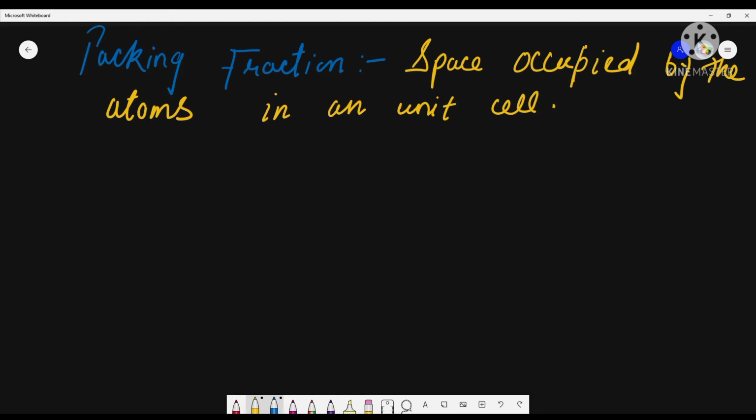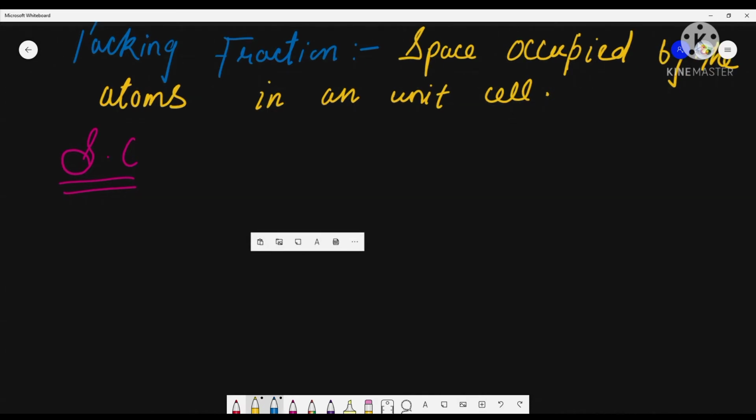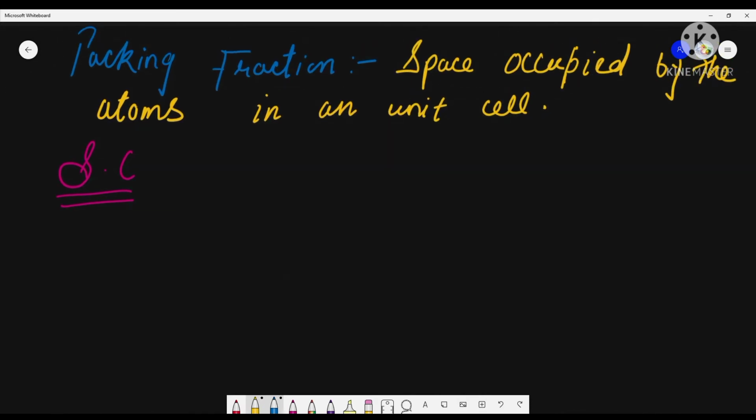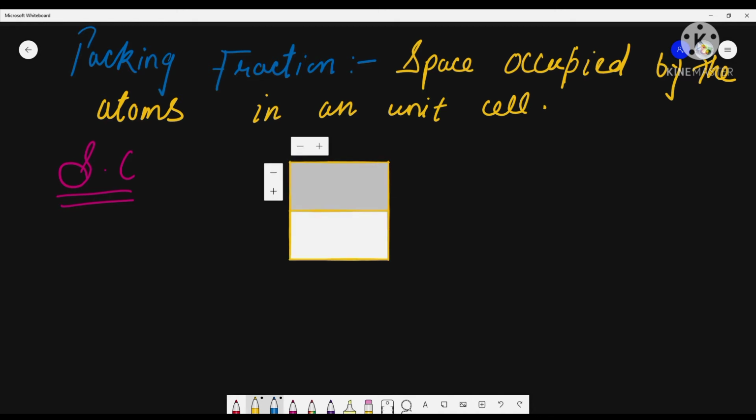Here we will talk about simple cubic. So let me draw its picture so that it will be clear to you how it looks. Simple cubic is just like a cubic structure.